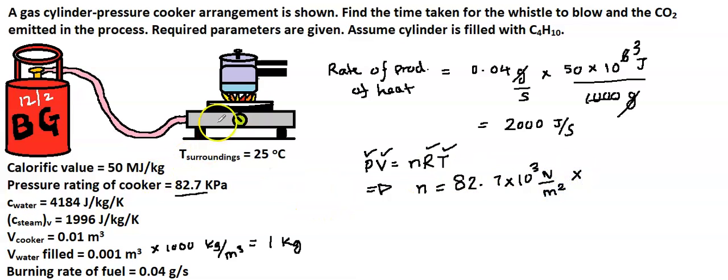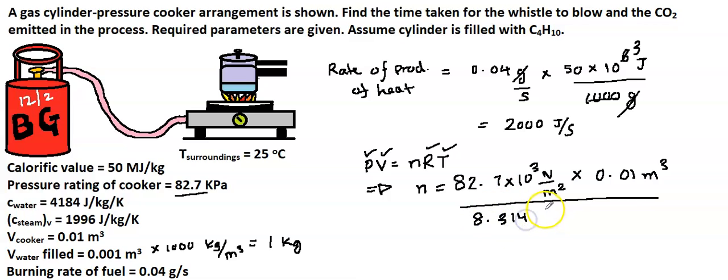V is the volume of the cooker, divided by RT. Okay, R is 8.314, and T I'm assuming is 100 degrees Celsius, so that's 373 Kelvin.